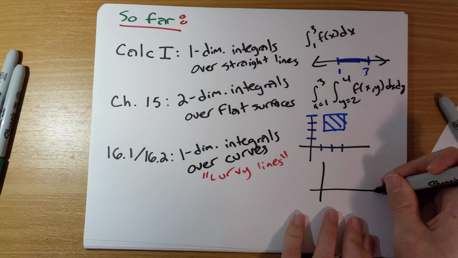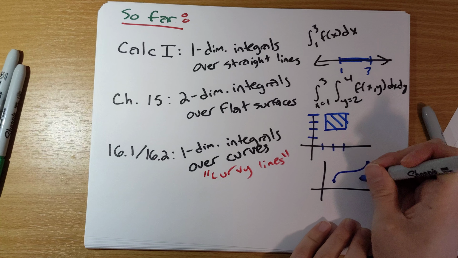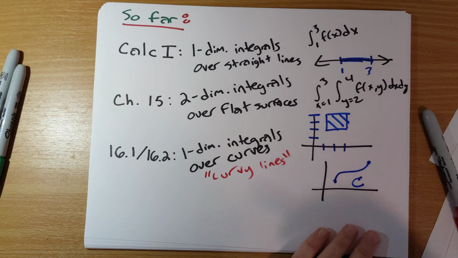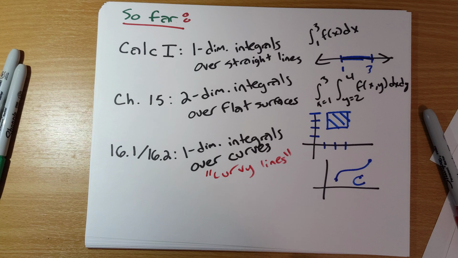But the idea here is that we have this curve C, and we're going to calculate a line integral, either a vector or a scalar line integral, along this curve C. That's a curvy line in the plane, or in three-dimensional space.